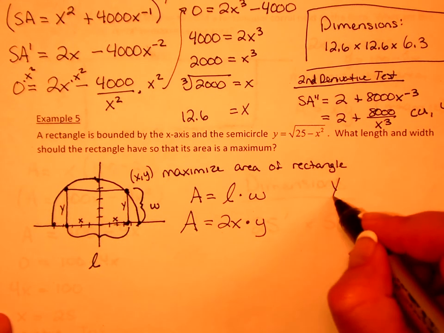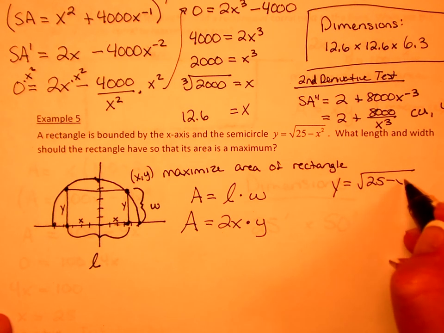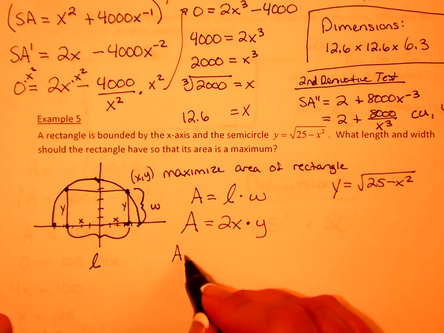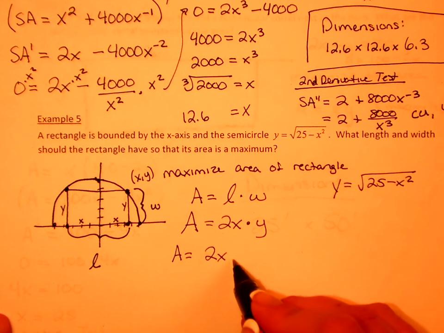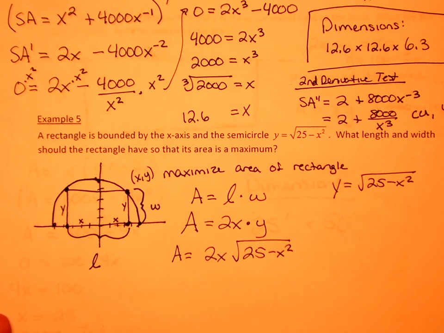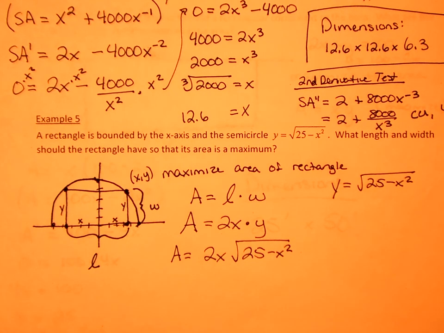So I know y equals the square root of 25 minus x squared. So I'm going to make that substitution here. Area is 2x times the square root of 25 minus x squared. Right? So now I have my area in terms of one variable only.